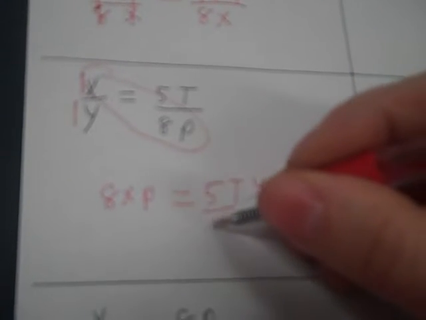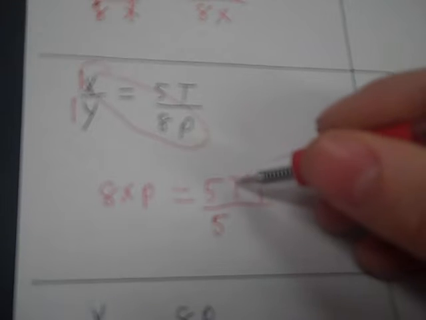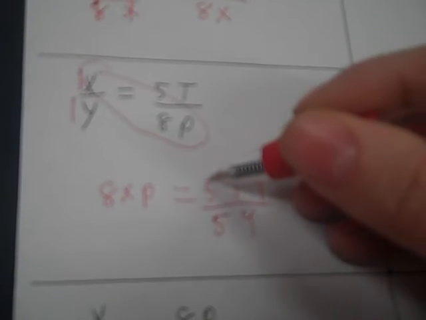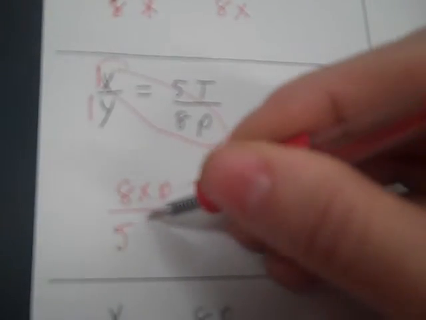So you're going to divide by 5. Don't divide by t, because that's what you're trying to get by itself. Then divide by y. So these cancel and these cancel. And then I just put a 5y on the other side. So t is now by itself and is equal to 8xp over 5y. Now 8 and 5, the GCF is just 1, so that's it.